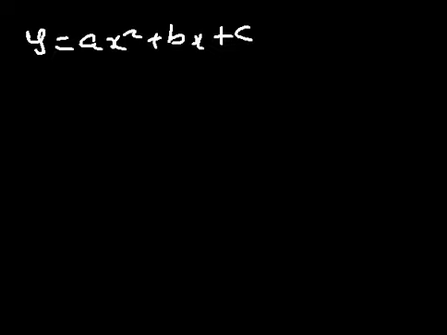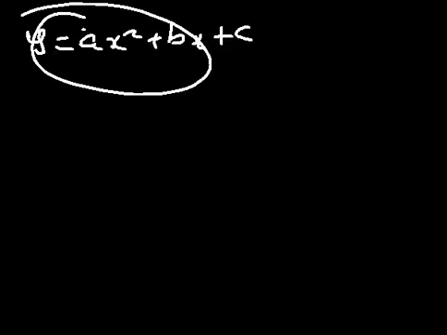So now, given the typical quadratic function given as ax squared plus bx plus c, without the use of a table of values, how should you sketch the graph of this function?